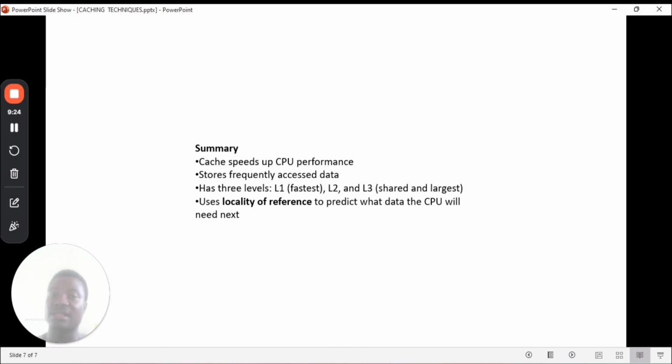Today, our focus was to know the definition of cache memory, its levels, what it does and its features. There are three levels: the first is very fast, the second and third are large and share data in common. It also uses locality of reference to predict what data the CPU will need.